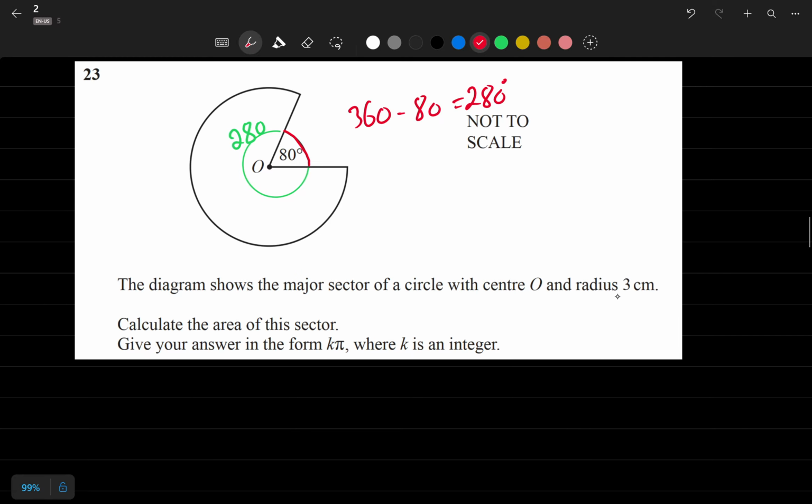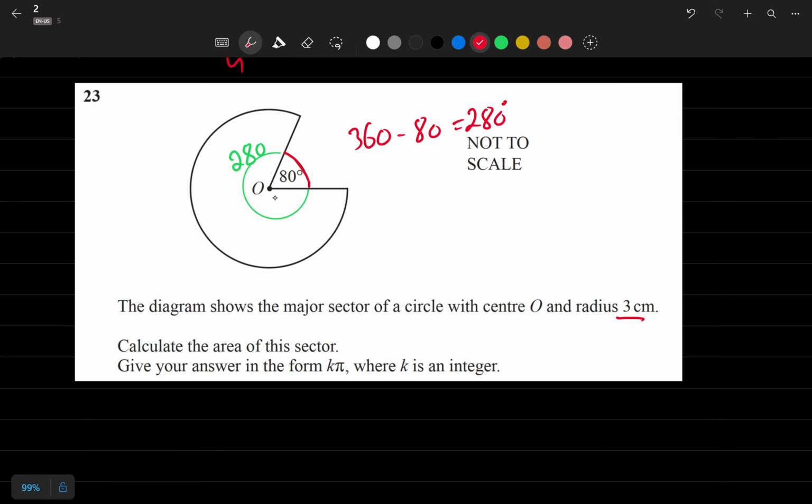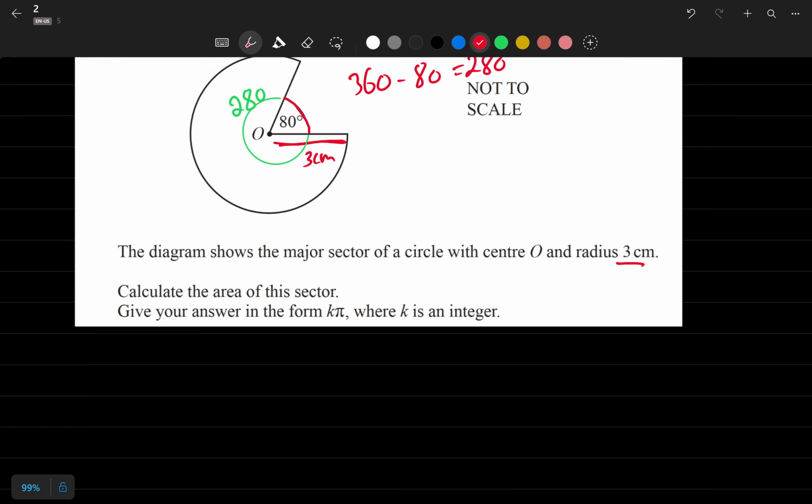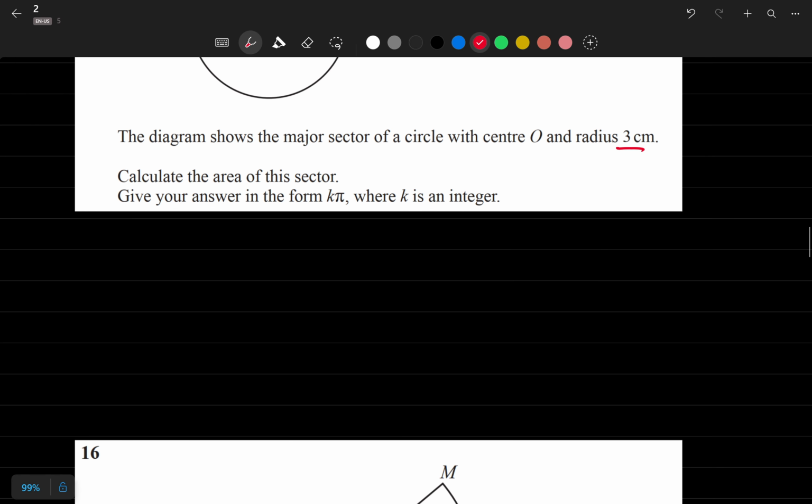The radius is 3 centimeter, which means this length is 3 centimeter. Calculate the area of this sector. Give your answer in the form of k pi, where k is an integer. Okay, so area of a sector is equal to A is equal to theta by 360 multiplied by pi r square.